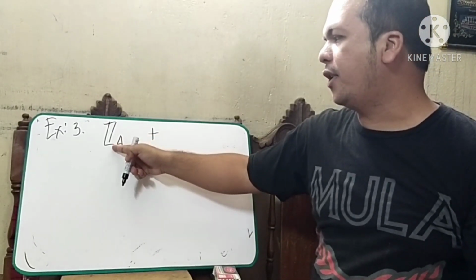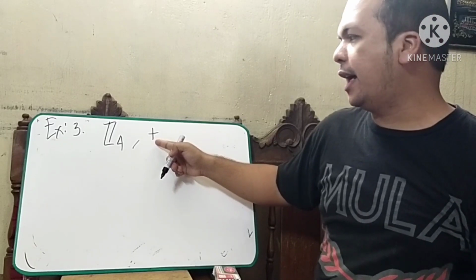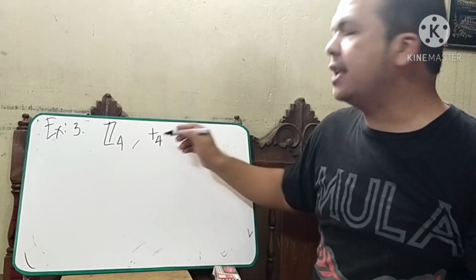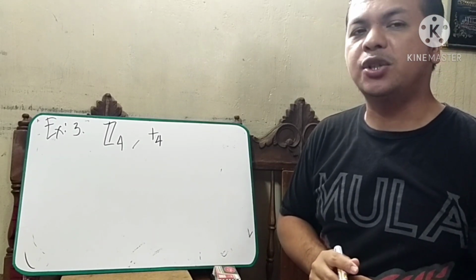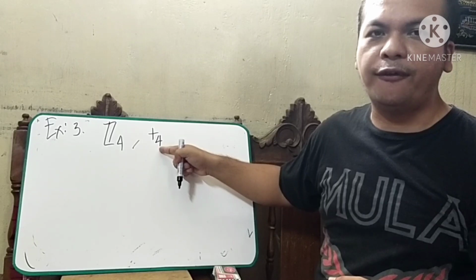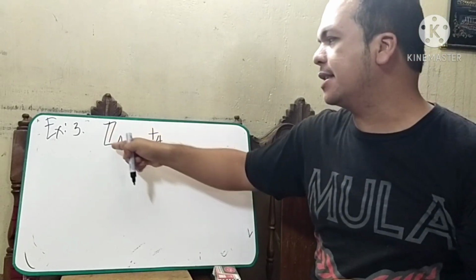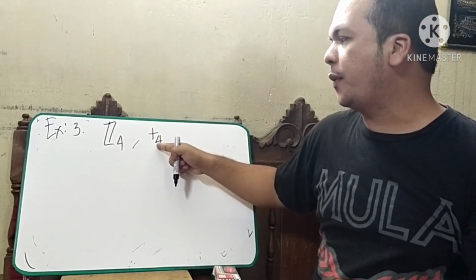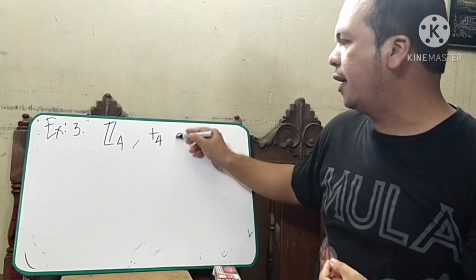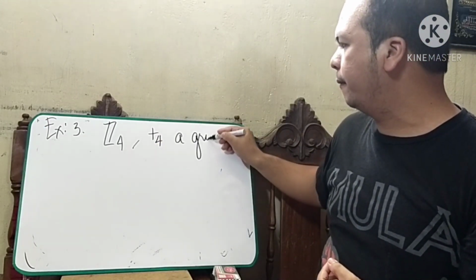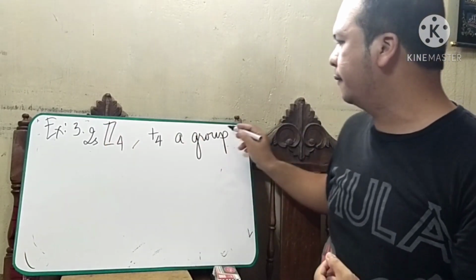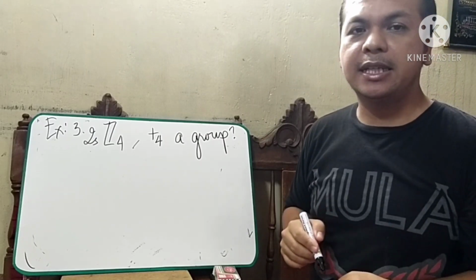Now, is Z sub 4 together with the operation addition, this is not already the usual addition, but this is the addition modulo 4. So, is this set together with this binary operation, addition modulo 4, a group? Is it a group?